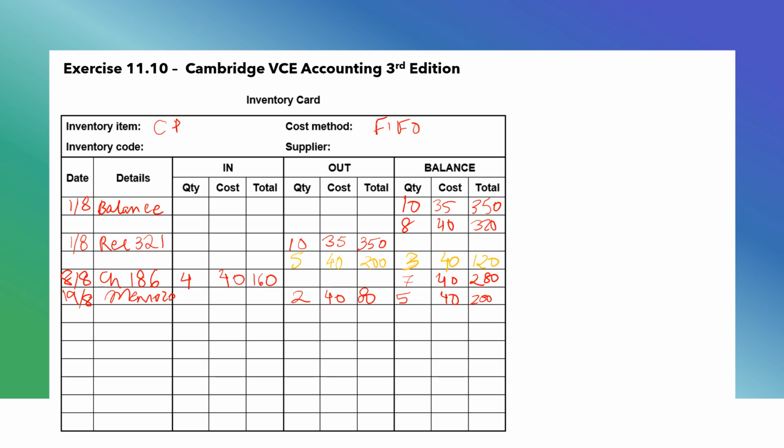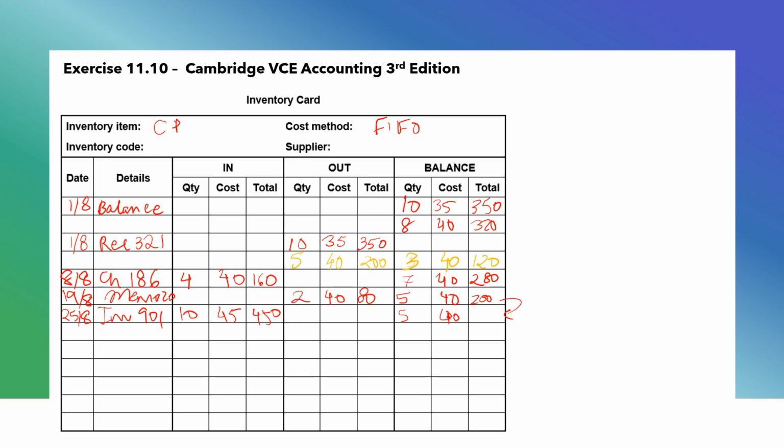Let's continue on the 25th of August. I've got invoice 901, and this time round I've got 10 incoming at 45, so 450, and now that leaves me with this line item that I'll carry forward.